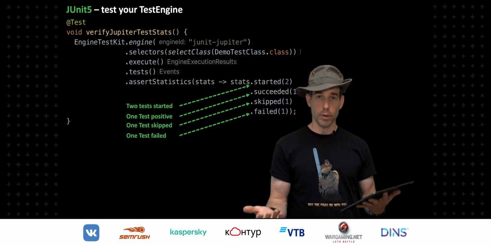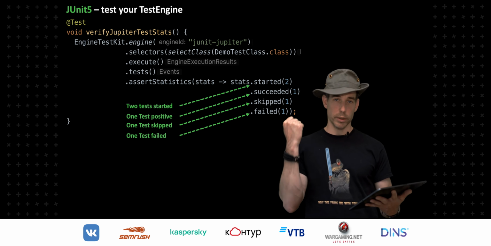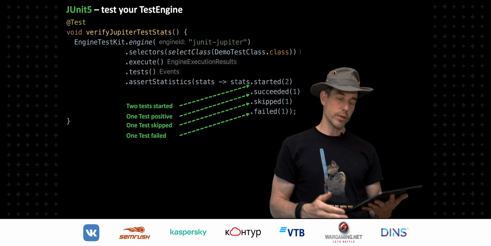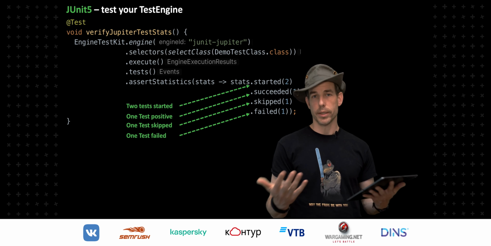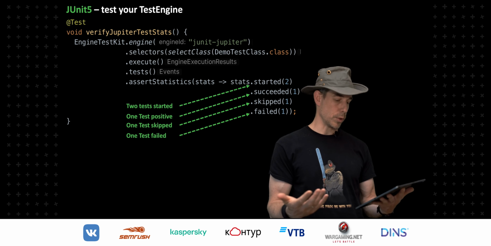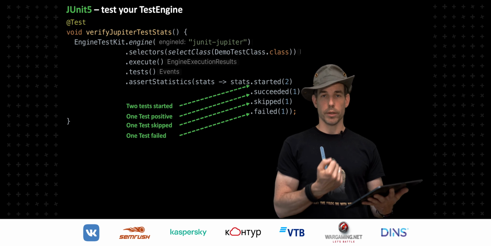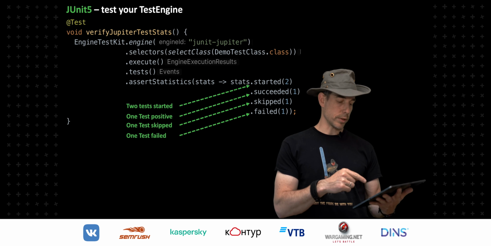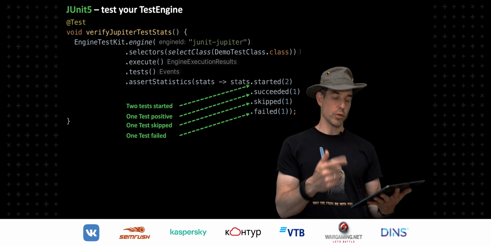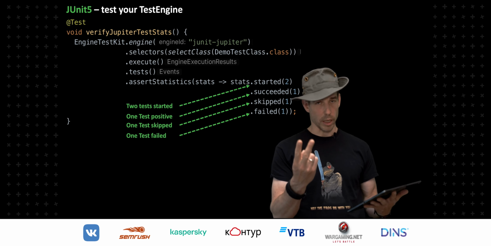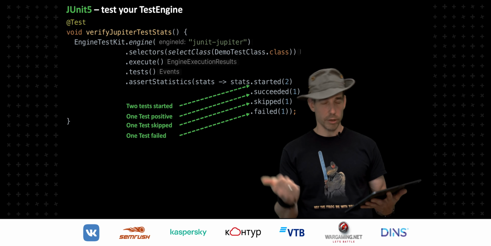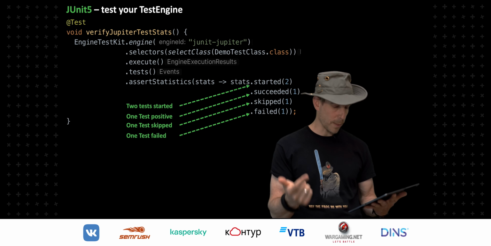Then I'm executing the whole stuff, then I'm grabbing the tests out of it, and then I start analyzing the result. Here what I'm doing is I'm checking the status. Status started 2: yes, I have 2 started, the positive one and the failing one.